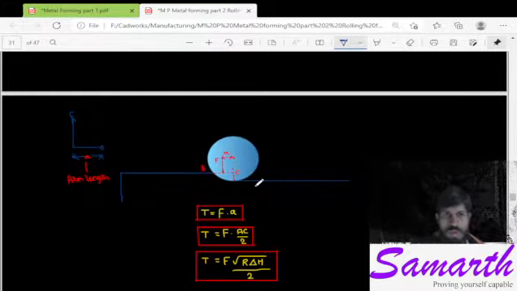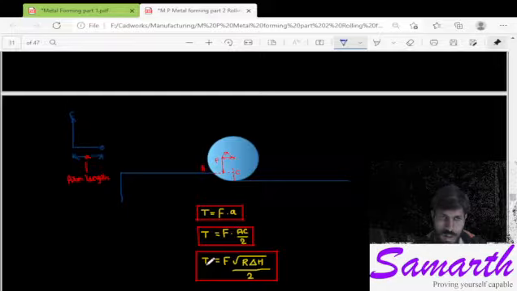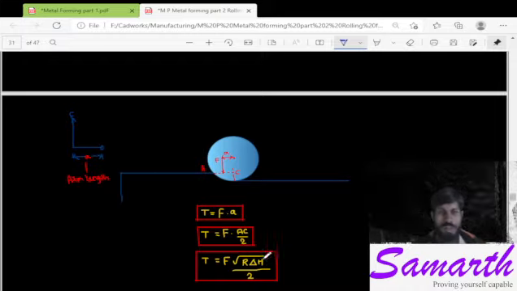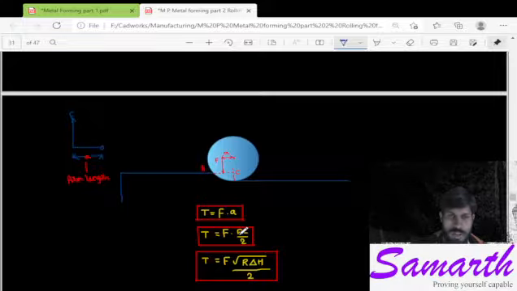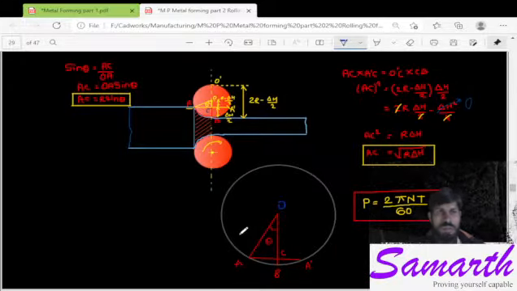This is the complete distance AC, and force will be acting at the middle. So half of the AC we will multiply with the force F to get the torque. Here we have got the torque. AC you can put equal to R sine theta, right, or under root R into delta H. Value for AC here it is.